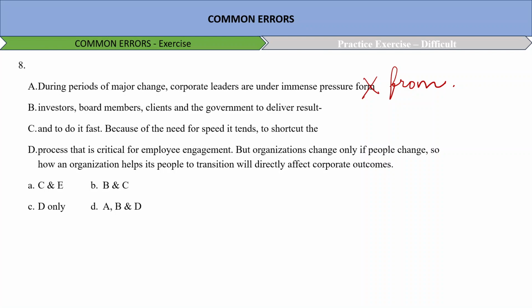Then, process that is critical for employee engagement, but organizations change only if people change. So, an organization helps its people, helps its people. Transition is appropriate. People to transition is not required. Its people transition will directly affect corporate outcomes. So A and D have an error, whereas B and C are appropriate, and according to that, option B is the answer. Next question.